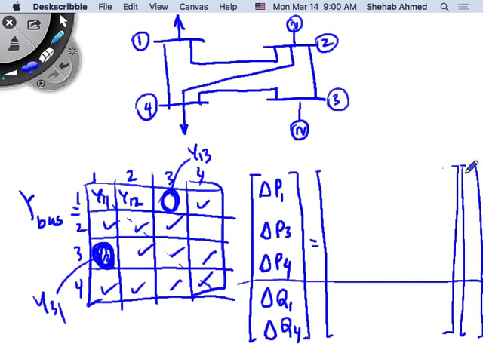Okay. My angles are what? These are all deltas, right? In my sensitivities and angles. So it's theta 1, theta 3, theta 4, and then V1 and V4, right? And then I can make a big mess here.